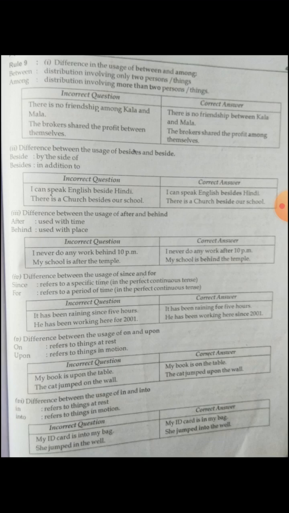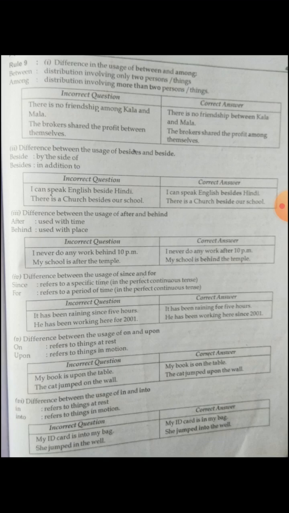And the difference between the usage of since and for. Since refers to a specific time. Actually, since and for are the keywords in present perfect continuous tense. Since refers to a specific time, for refers to a period of time.